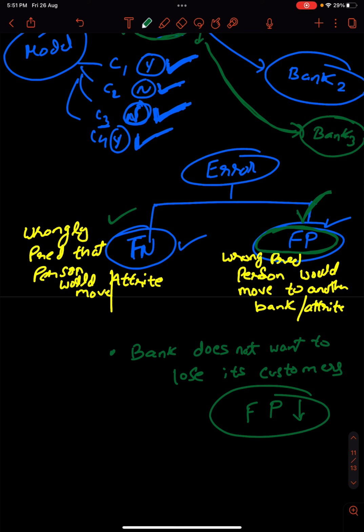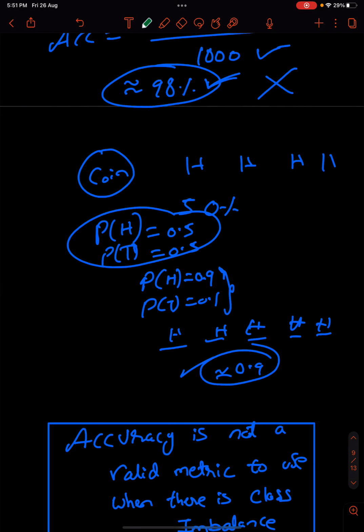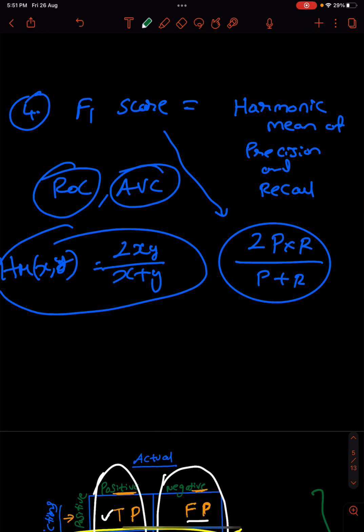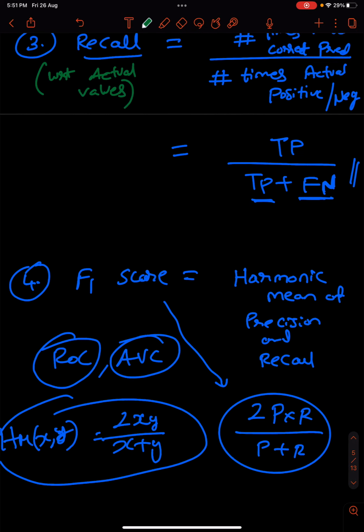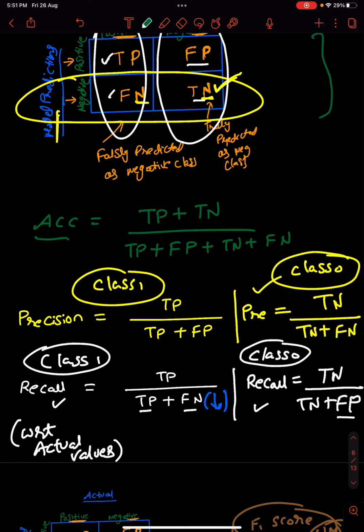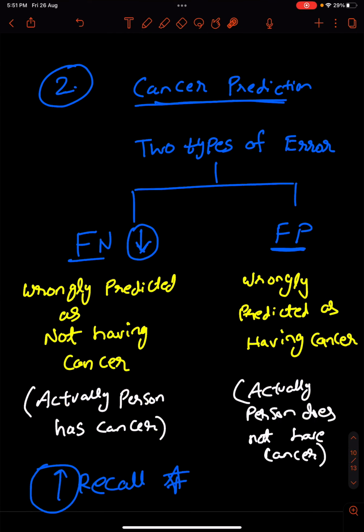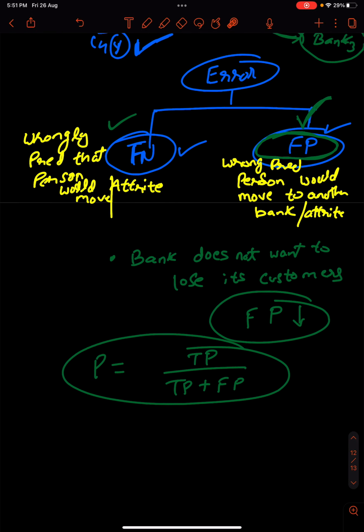And false positive is present in precision, which is true positive divided by true positive plus false positive, right? So as you see here, this is for precision. So for this use case, precision is the right metric to use.